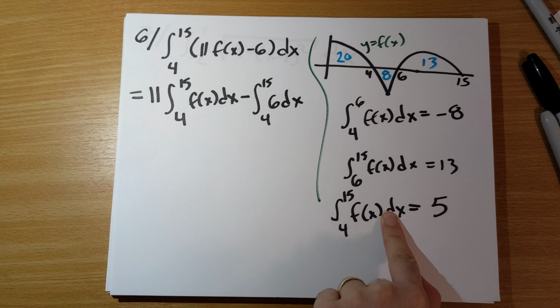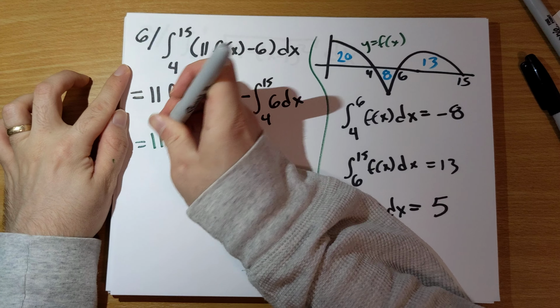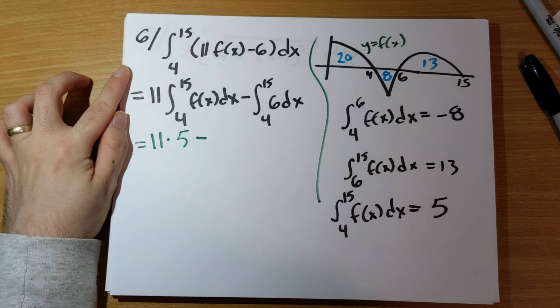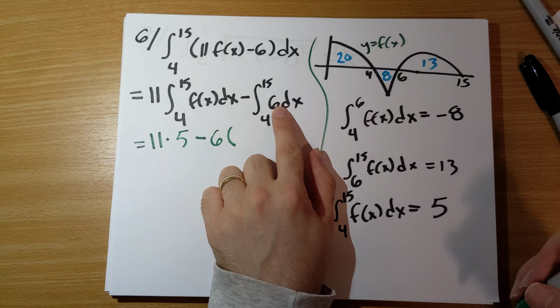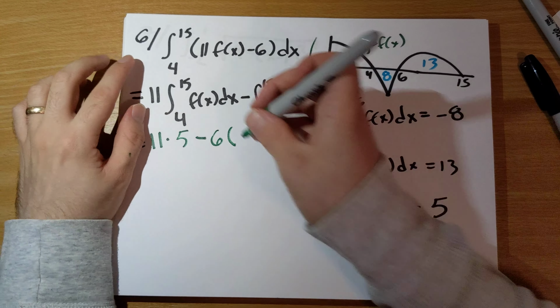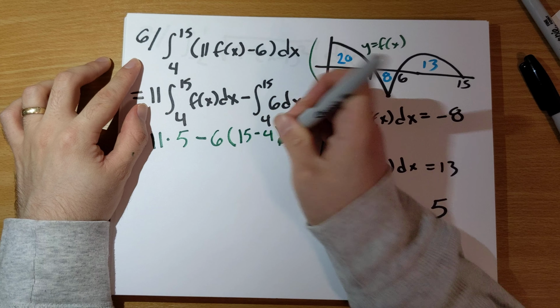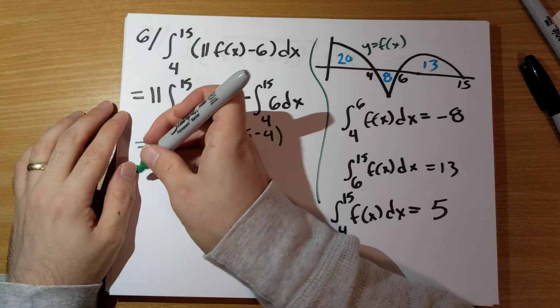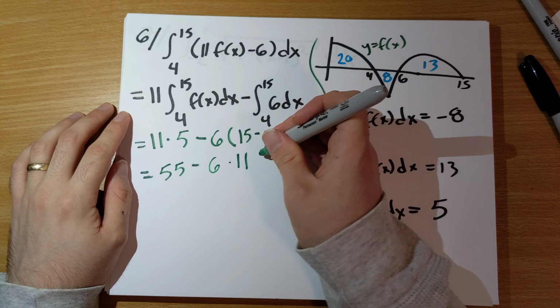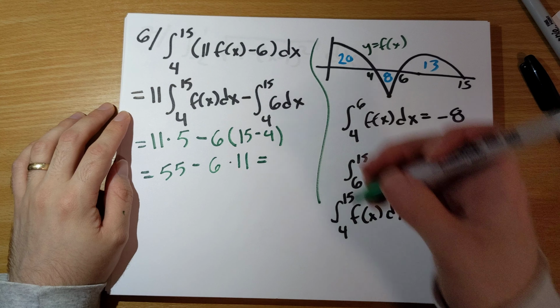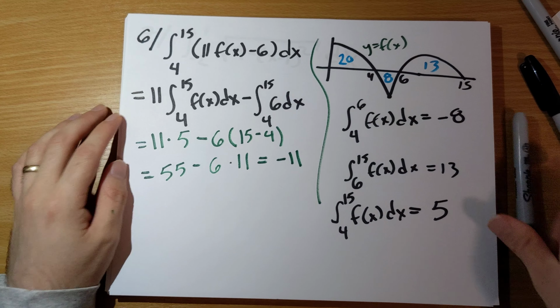This is just this. So 11 times 5 minus 6 times, when we integrate the constant between these bounds, it's just the difference of the 2 bounds. So this is going to be 55 minus 6 times 11. 55 minus 66 is negative 11.